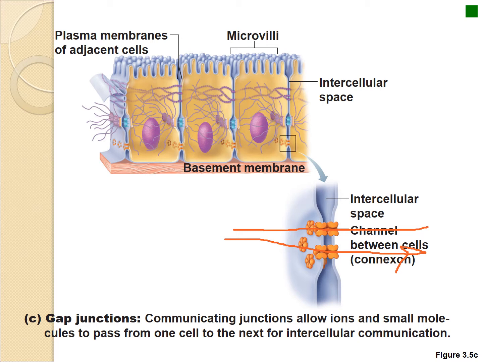So for example, if this cell gets a signal to do something, it can rapidly pass that signal through these what are called connexin proteins quickly to get all the cells in unison. We're going to see this is very important in cardiac physiology, in how the heart beats, and also in how smooth muscle functions. So it allows rapid coordination of cells and also a distribution of signals and nutrients.